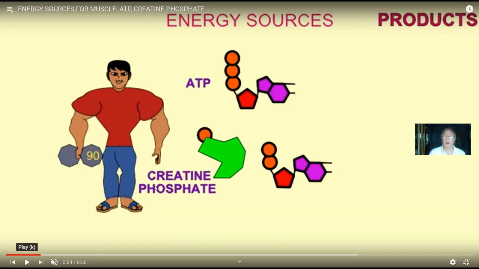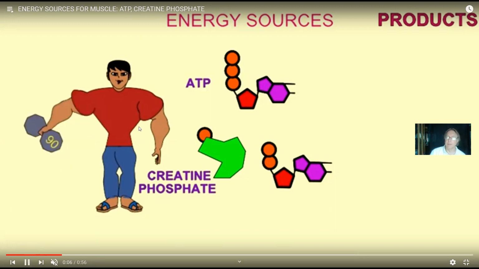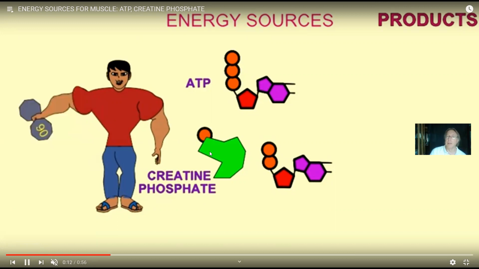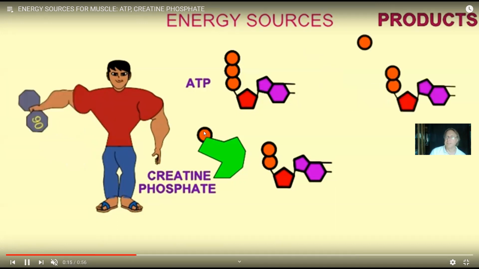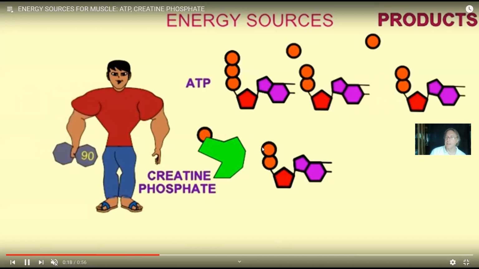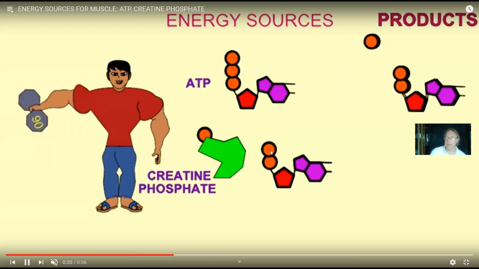All right, so once again, this individual here is lifting something with muscle. So they're going to start off using their ATP stores, but then they run out of ATP. And so then they use creatine phosphate. This phosphate on creatine can now be donated to ADP to make it ATP again.